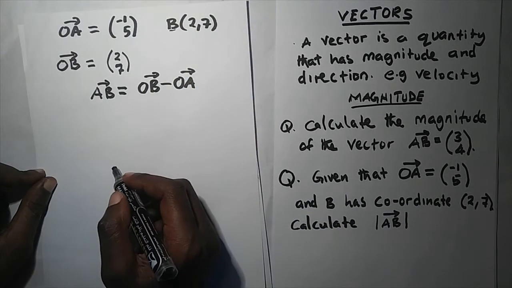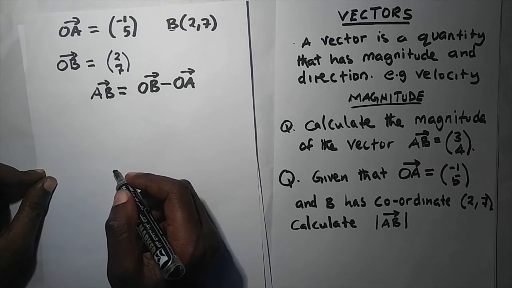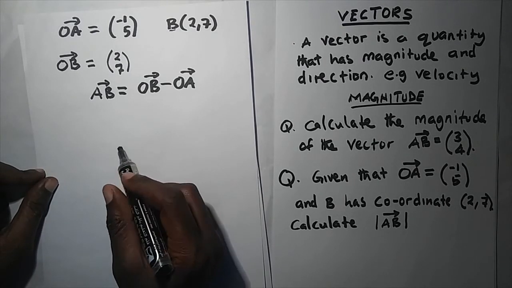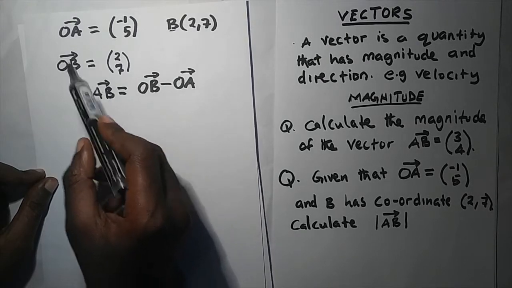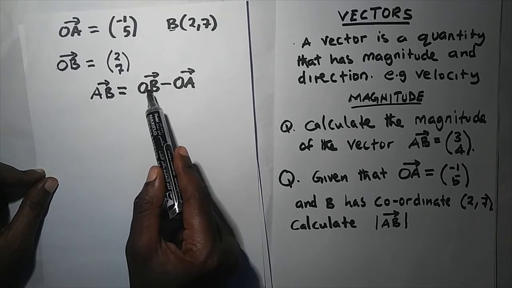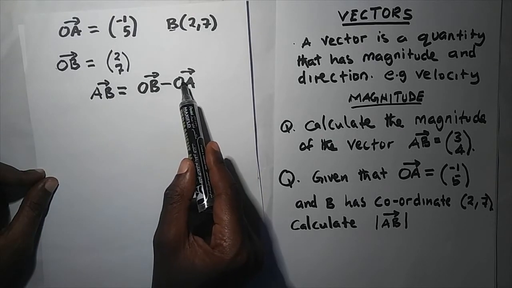This is a formula that we get under position vectors. So when you are trying to find the vector AB, when you have OA and OB, all you do is subtract OB minus OA.